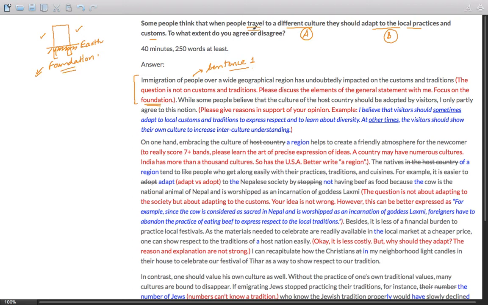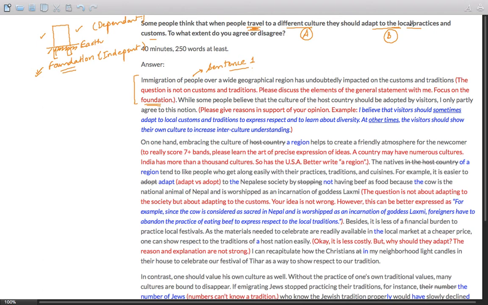You have travel over here and local practices and customs over here. So what is the foundation? Foundation is something on which the other thing rests. So there is something which is independent of the other thing, and there is another thing which is dependent on foundation. So what is dependent?